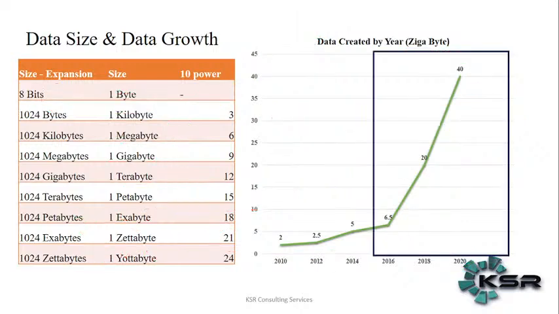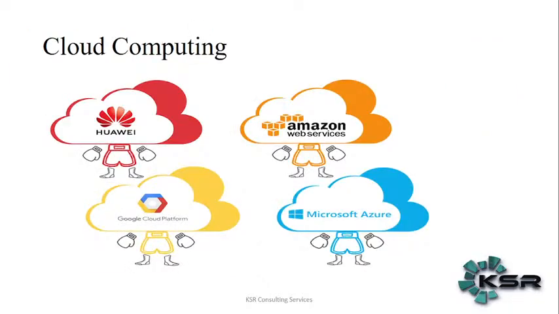Now, in order to handle this type of data growth, your normal database or normal Excel sheet cannot handle this huge data. You need a process, you need a method, you need a place to store this data. That's where we'll start seeing about cloud computing. Cloud computing is a technique where you can store your data on the cloud premises, which can make your work easier. You cannot always store it in your Excel. You cannot always store it in your database.